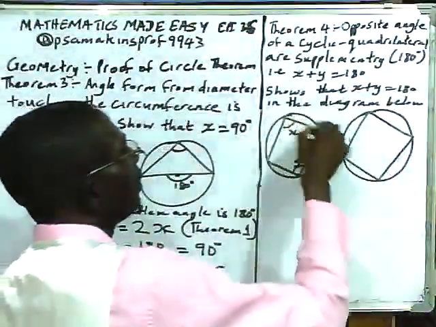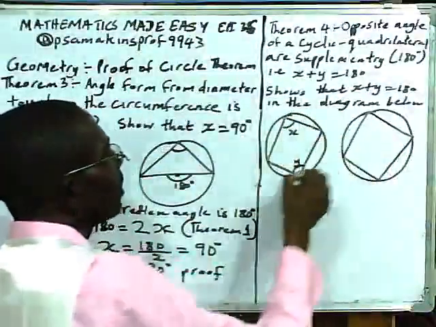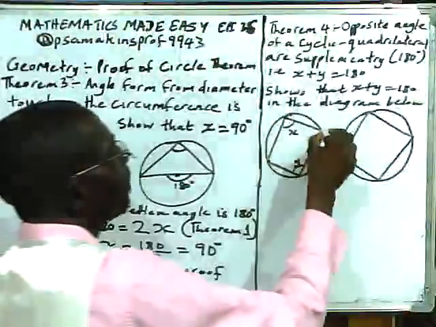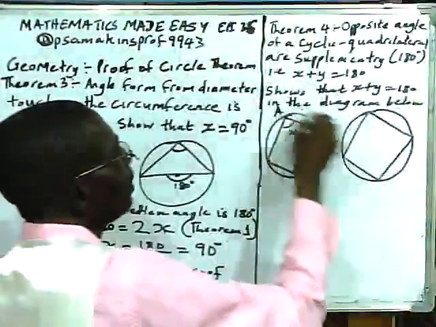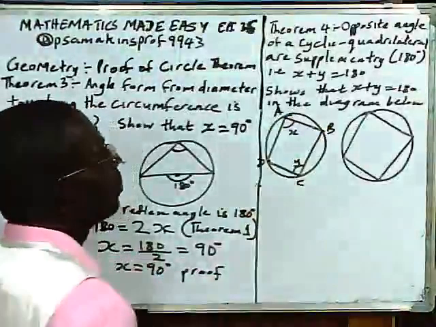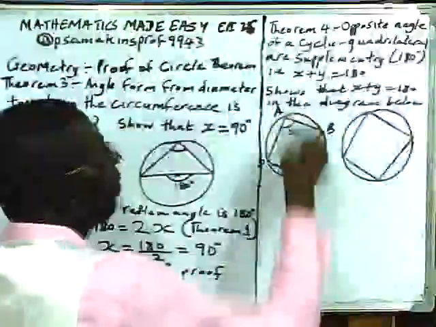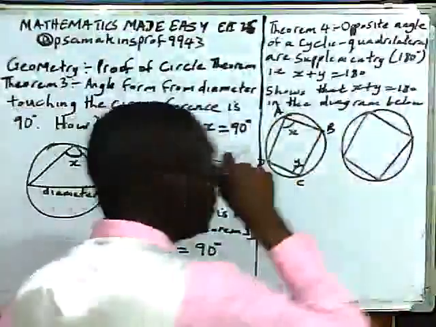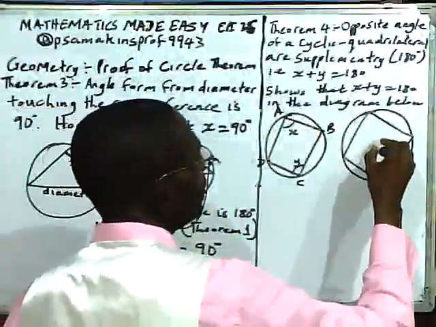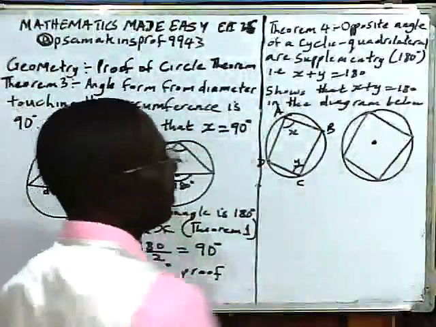This is a given shape that touches the circumference of a circle in 4 different places: A, B, C, D. So now we want to show that these opposite angles of it are supplementary. So let's assume that we have the center of that circle again.